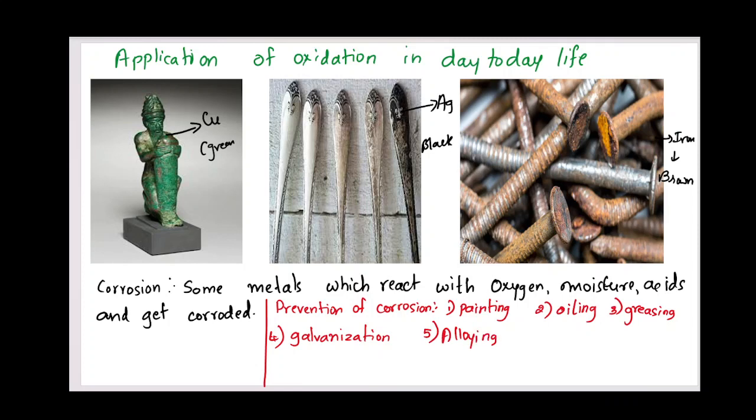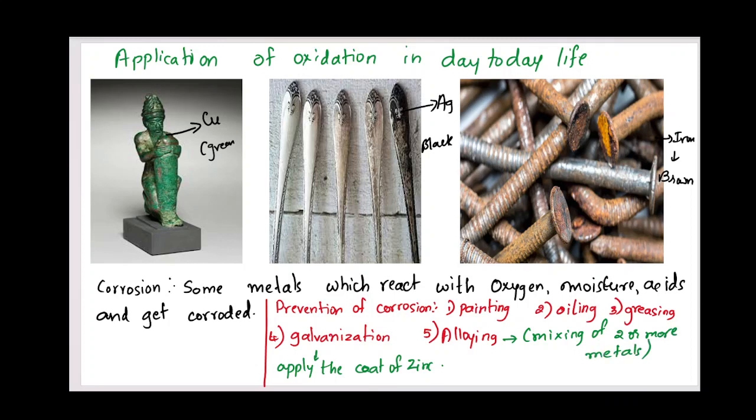Now galvanization is nothing but applying the coat of zinc. Okay, galvanization is nothing but applying the coat of zinc on the other metal. Alloying is nothing but mixing of two or more metals.